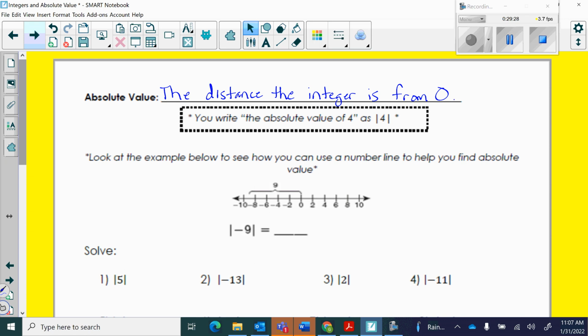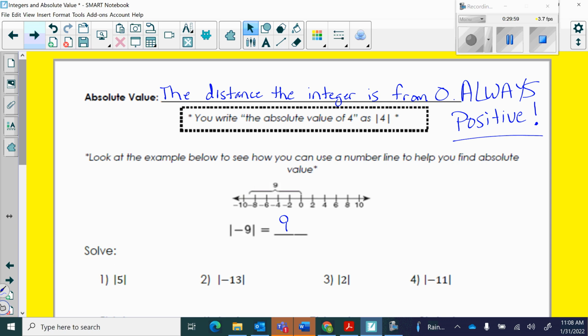For example, if we have negative 9, how many units away from 0 is negative 9? It is 9 units. So my absolute value is 9. Here's a hint. Absolute value is always positive. It is always positive.